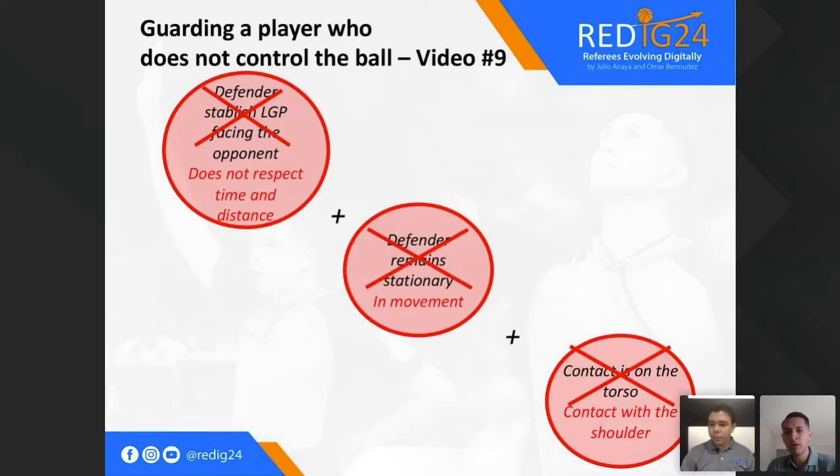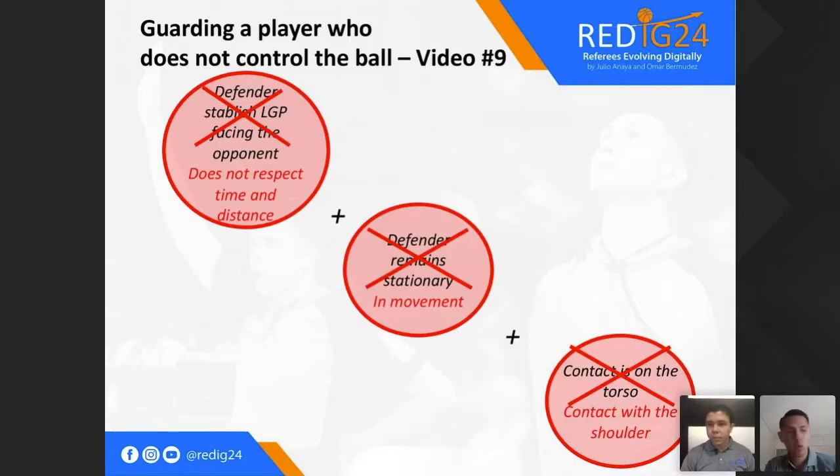We have more points to analyze, that is, the defender is still in movement and he's not in a legal guarding position. That takes us to resume that the contact with the elbow was illegal.